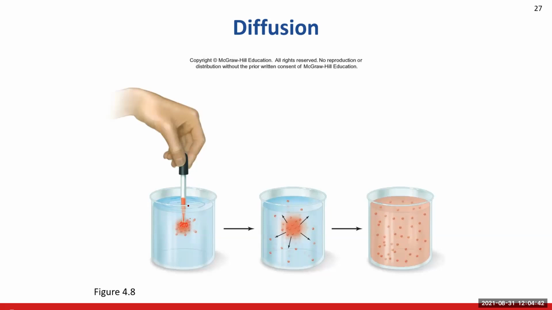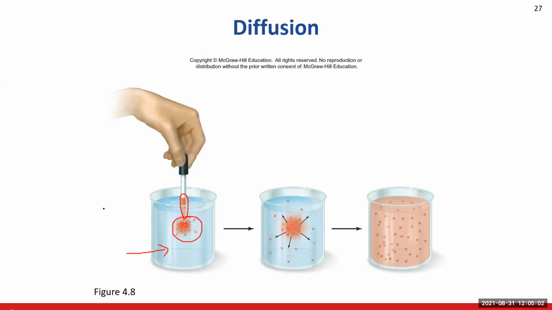Notice that there's a high concentration of food coloring inside the medicine dropper. But when we first drop it into the beaker, in this area here, we have a high concentration of that red food coloring, but we barely have any of it out here.